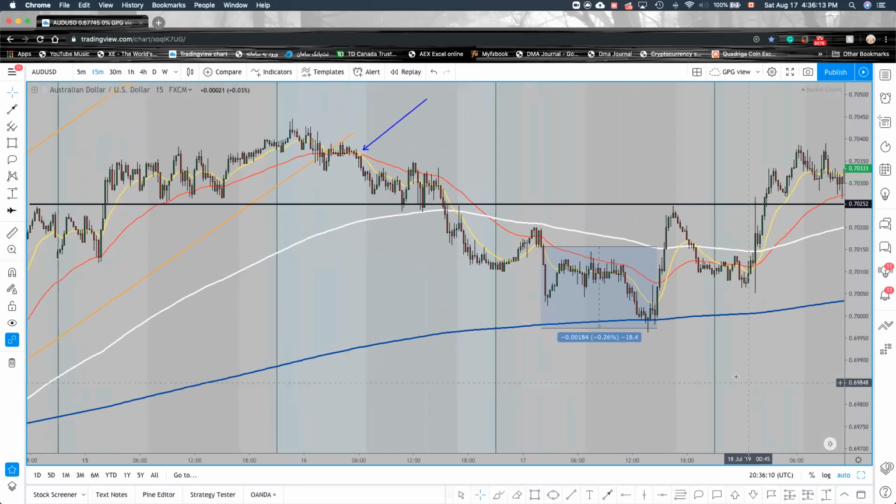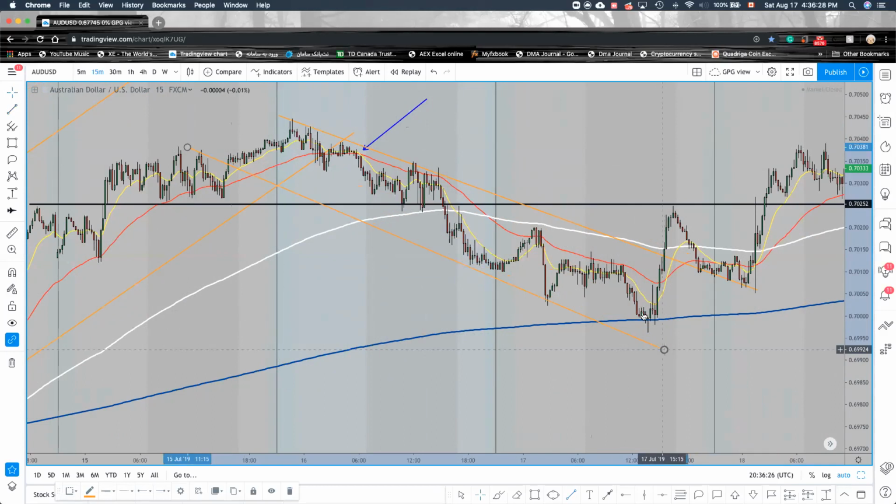So, let's delete this and draw these two trend lines that came where this is an induction. How can I know this is an induction, guys? Someone tell me in the chat why this is an induction. How can I confirm?